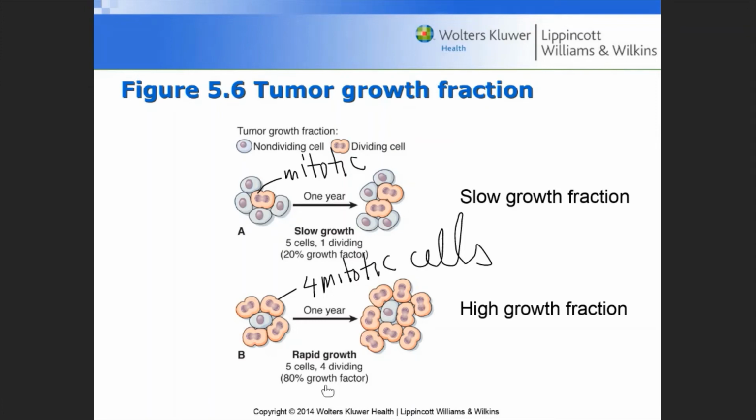This is 4 out of 5, or 80% growth fraction. Usually this is low growth fraction, and this is high growth fraction. Growth fraction is the fraction of cells that are mitotic, so this one has a faster growth rate than this. It makes sense, and it is observable. You can see this.